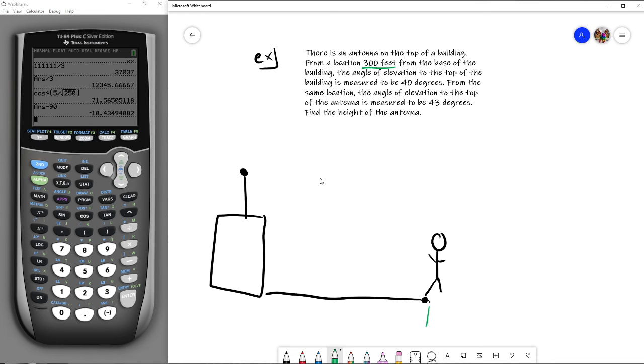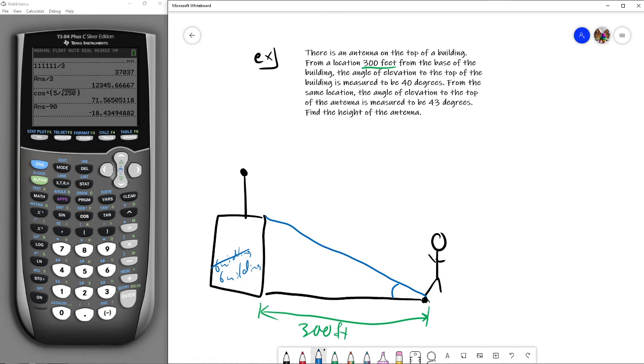So that's this quantity here. Alright. So, from a location 300 feet from the base of the building, the angle of elevation to the top of the building. So, let's note this was the building. There we go.